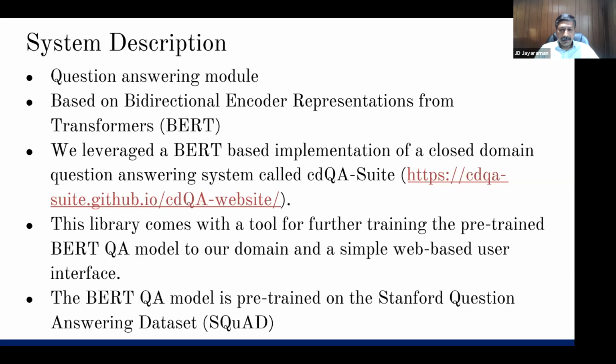In particular, we used a closed domain question answering system called CDQA Suite. This is public domain software, and the libraries are out there in open source. So we use that library, and it comes with a pre-trained BERT question answering model that's trained on the SQuAD database.